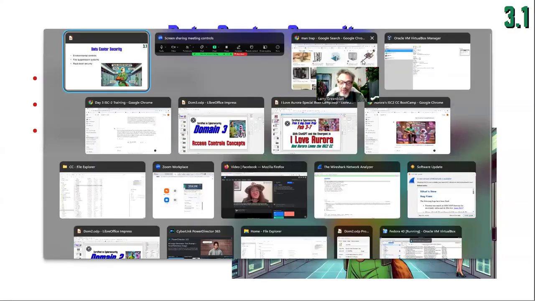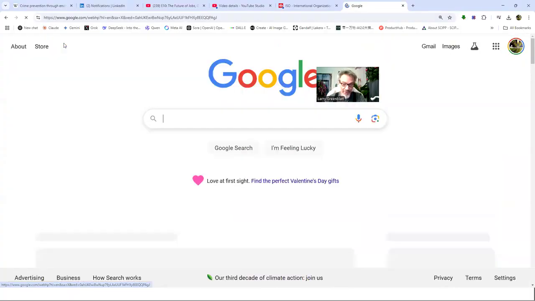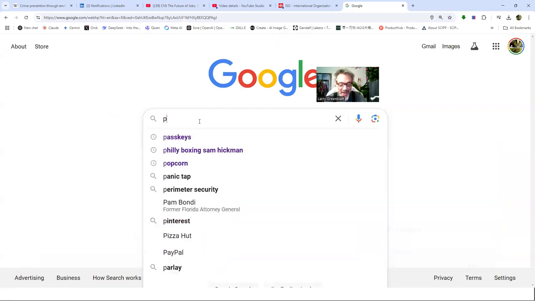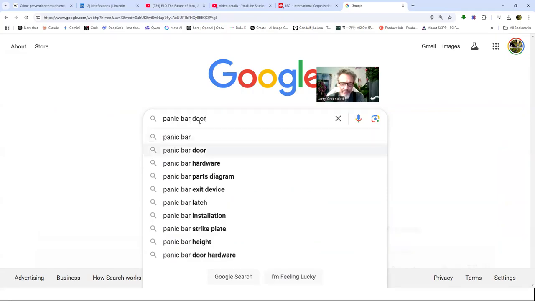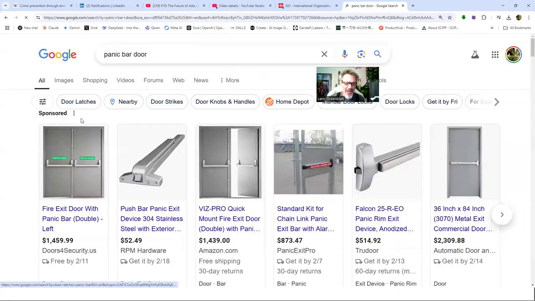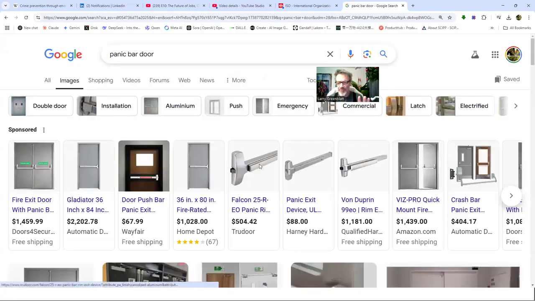Fail safe. Very good, because all our controls could fail, so we need them to fail safe. And we're going to have a panic bar on the door. The panic bar allows you to push it. But now that means I can't prevent my employees from opening the door and letting their friends in.